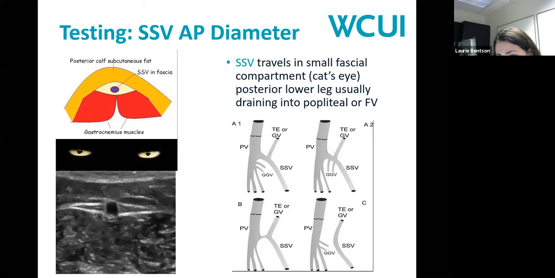Typically, depending on where you work, we're not looking to see where it drains into. We just make a note of yes, it's draining into the SPJ, or no, it's not. And we still measure the diameter and we evaluate for reflux too. But again, these veins can be really small, the short saphenous veins, so it can be very difficult to evaluate.